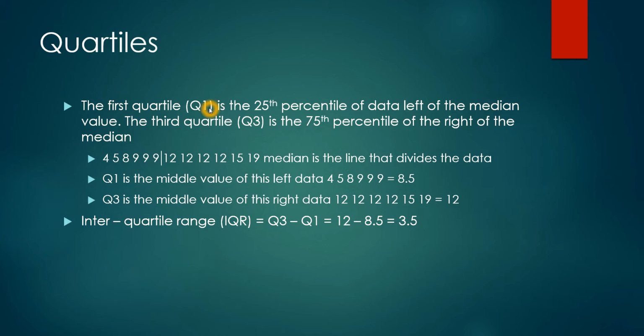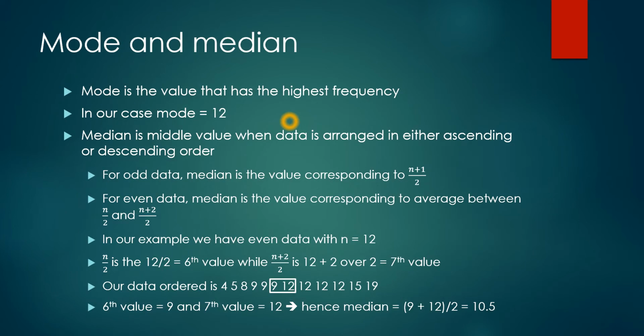The first quartile is the 25th percentile of the data to the left of the median value, while the third quartile Q3 is the 75th percentile of the data to the right of the median. So in our previous slide we got the median.